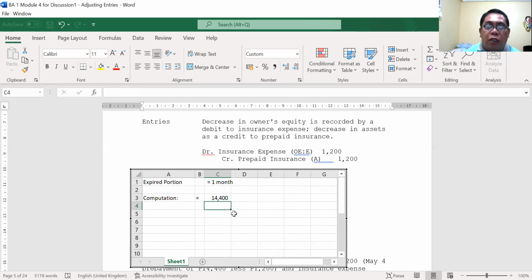Remember, for purposes of discussion and accounting, the insurance policy is good for 1 year, unless it is stated or specified in the problem. But if the problem is silent, you have to take note that for purposes of discussion, the prepaid insurance should be good for 1 year or 12 months. So divided by 12 months.